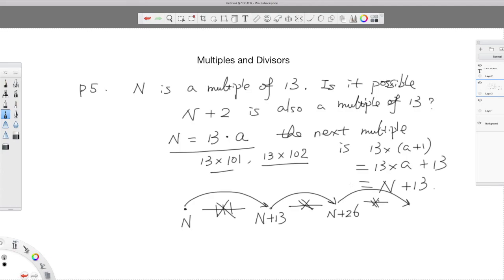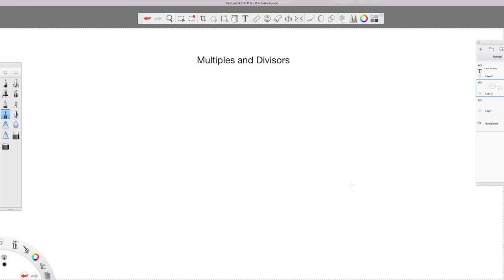Okay, so let's look at problem number 6, just to reinforce what you have learned. Is 11 times 12 times 13 times 14 plus 10 a multiple of 13?